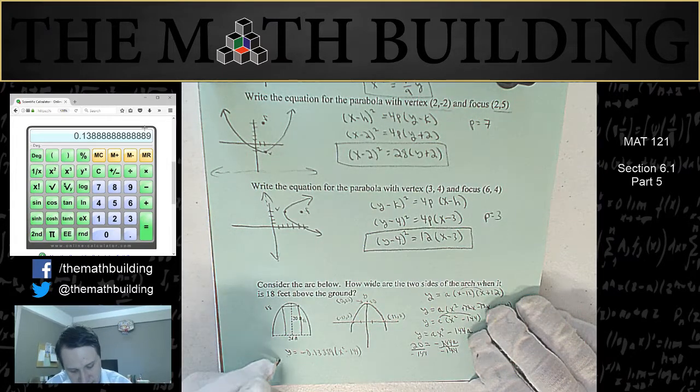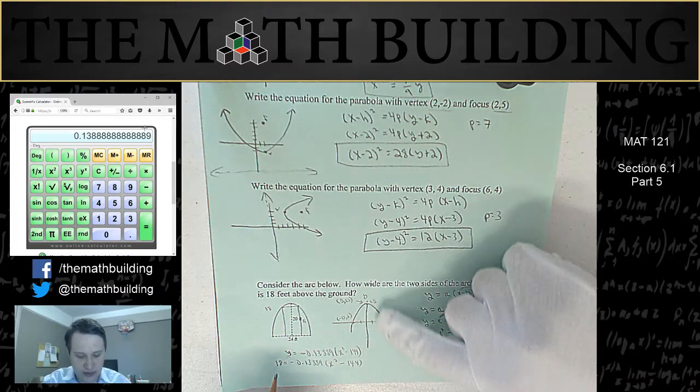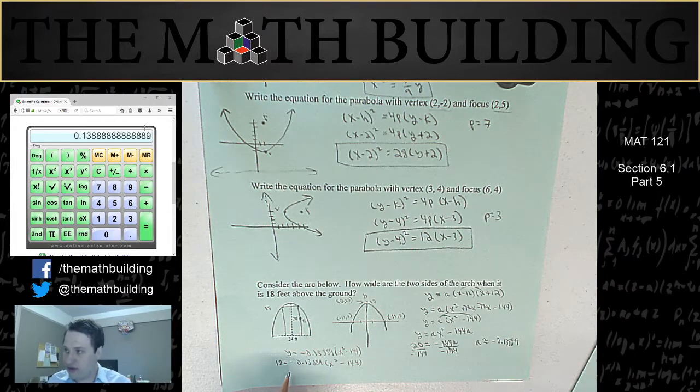So let's plug in 18 for y. So 18 equals negative 0.13889 times x squared minus 144. We plugged in the y value, and now we're going to find the x value. So let's do 18 divided by negative 0.13889.